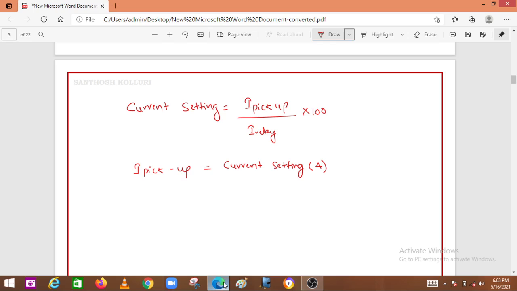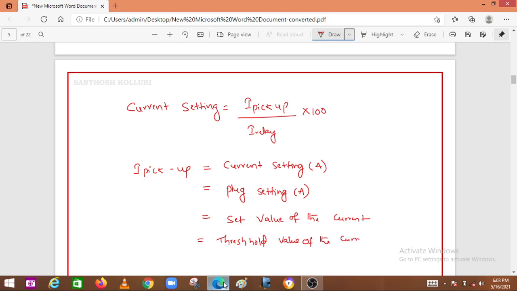Only if relay current is not given can pickup current be equal to current setting, and it is also nothing but the plug setting of the relay, and also the set value of the current, or the threshold value of the current. So these are all called pickup currents.